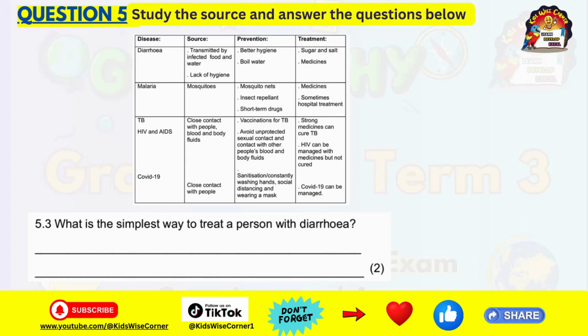Question 5. Still continuing, 5.3. What is the simplest way to treat a person with diarrhea? The simplest way is through a sugar and salt solution and drinking boiled clean water.